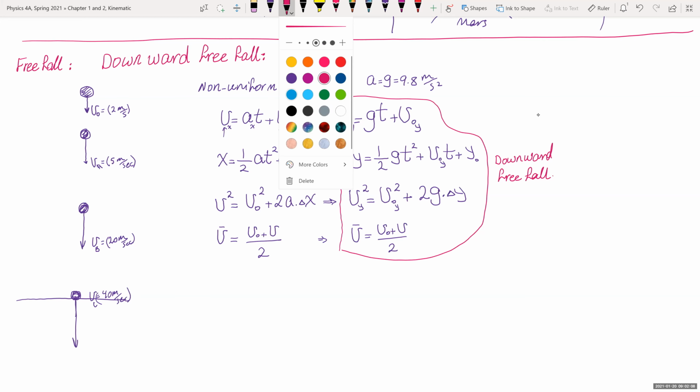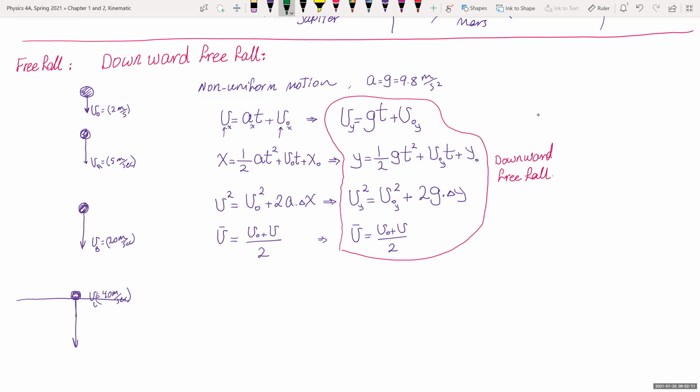Now, let's talk about what y is. Look guys, in downward free fall, the point where we drop or throw the object is called the origin. So the origin is always the throwing or dropping point.